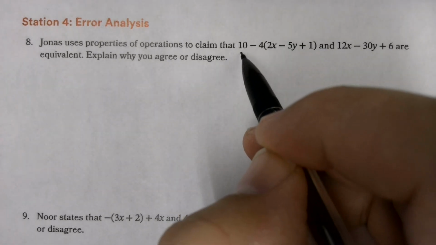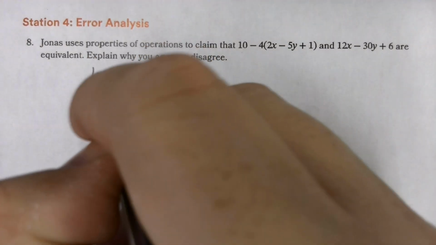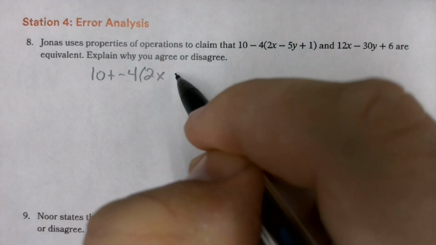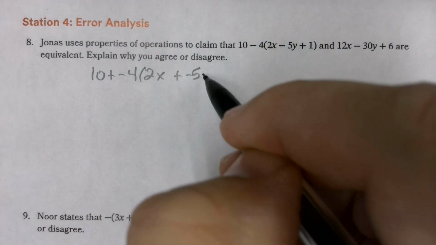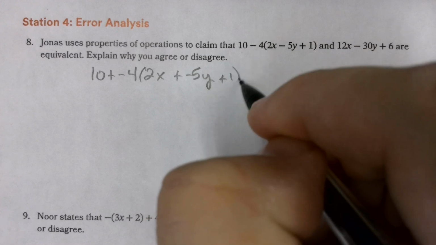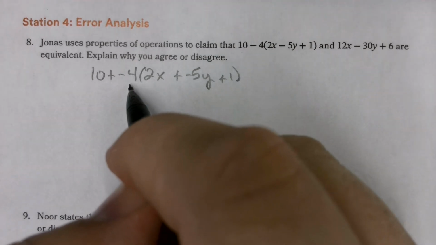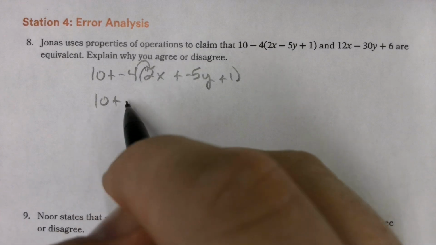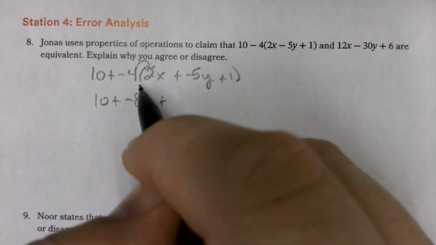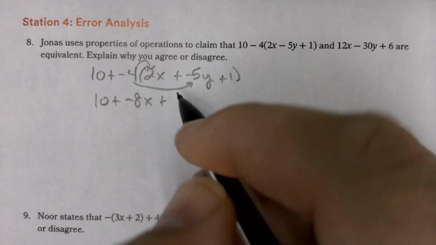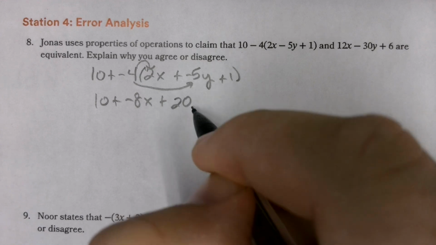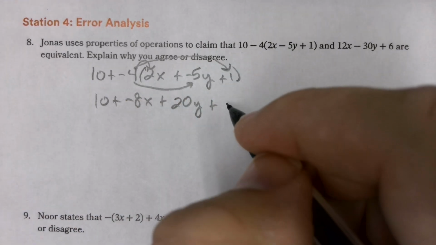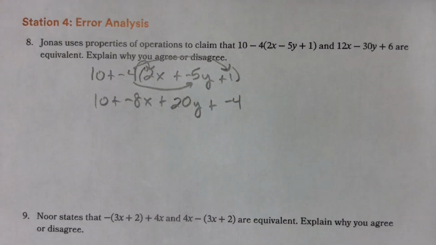Well, if we go through and simplify this expression, 10 plus negative 4 times 2x plus negative 5y plus 1, we're going to distribute, so negative 4 times 2x is negative 8x, negative 4 times negative 5y is a positive 20y, and negative 4 times 1 is negative 4.